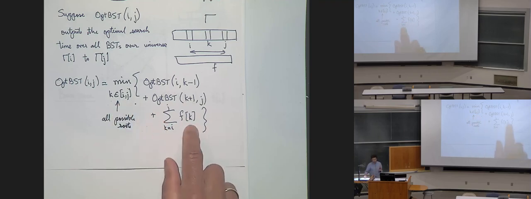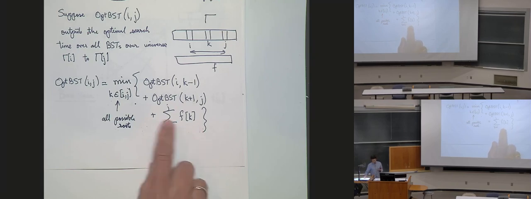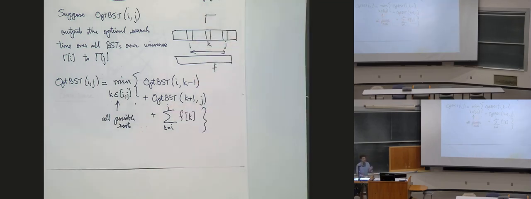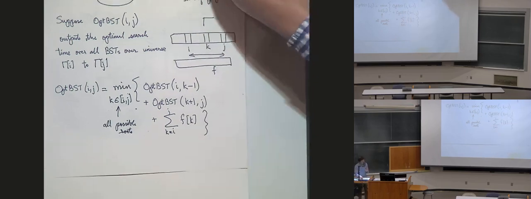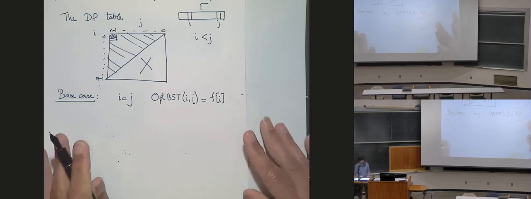Like this is some fixed number. And this was observed earlier, right? This is a fixed number. So you compute this, and then you just loop over all the things in between. So for each entry of the table, you need to do one loop. And there are n squared entries in the table, and so it'll be n cubed. Okay? Okay, so let me write down the procedure that actually fills this table, and then we'll go back and look over the whole thing so we understand this. Okay, does this make sense?